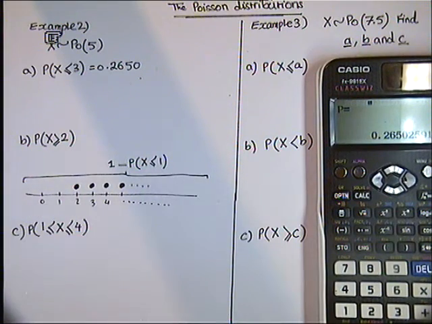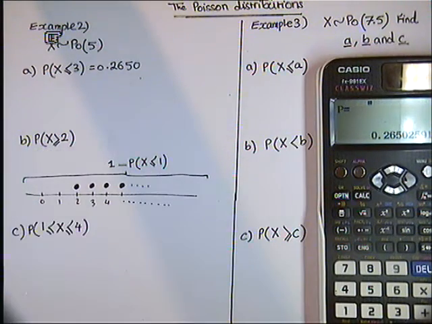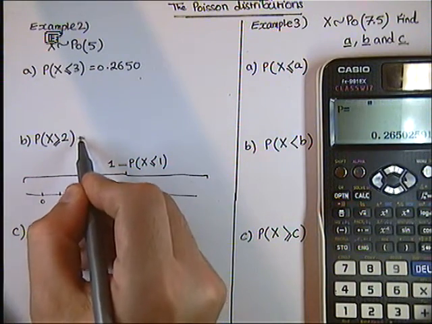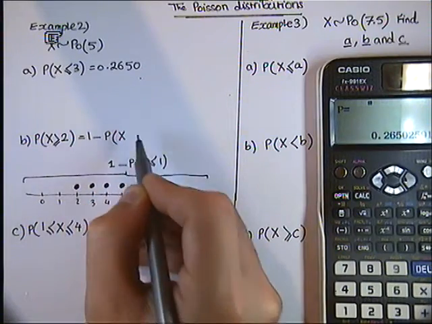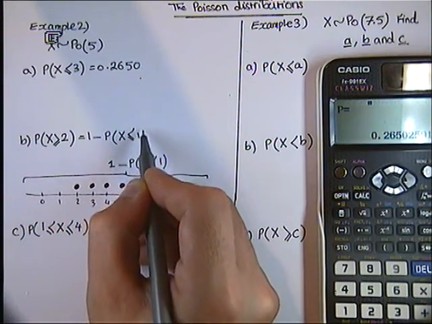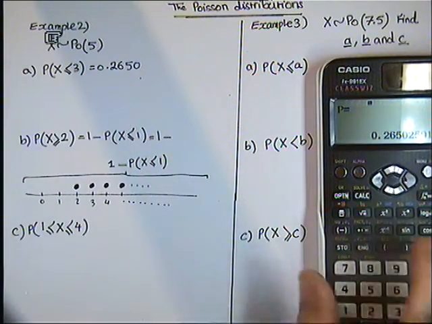Less than or equal to 1 means 1 and 0. It will be equivalent to the probability of X greater or equal to 2. Therefore, 1 minus probability of X less than or equal to 1. Okay, 1 minus.